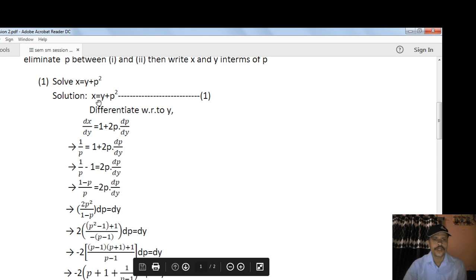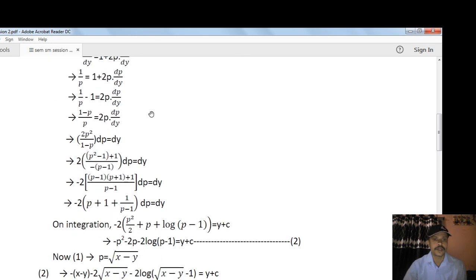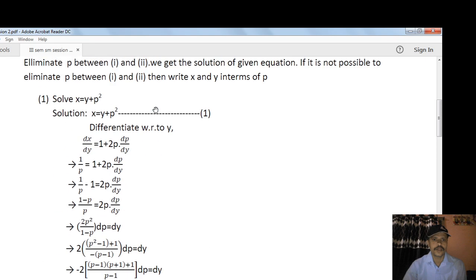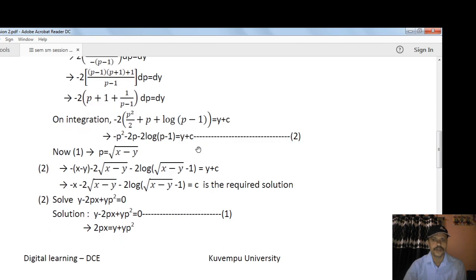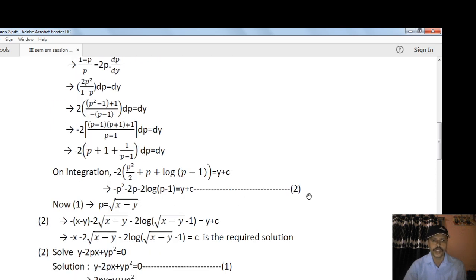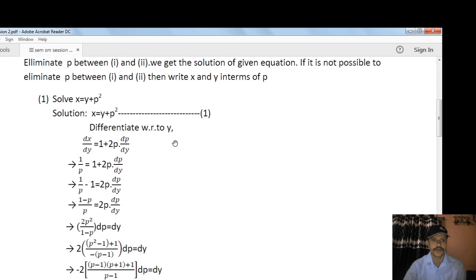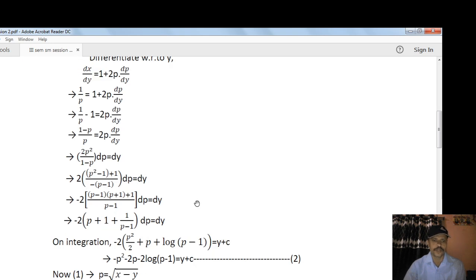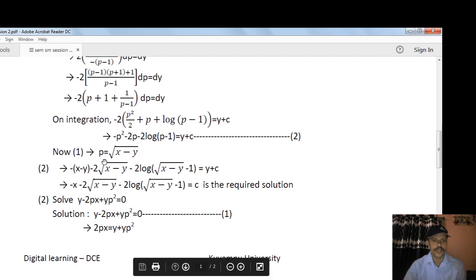Here finding the p value in equation 1 is more comfortable than in equation 2, and therefore find the p value in equation 1 and put this value in equation 2, and definitely p will be eliminated. After finding the p value using equation 1, we have p square is equal to x minus y, p is equal to square root of x minus y. Put this p value in equation 2 and definitely p will be eliminated.